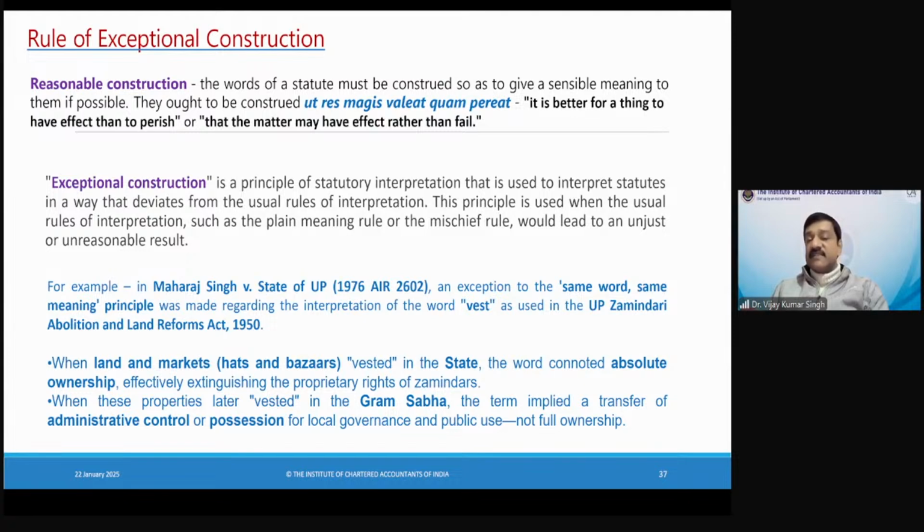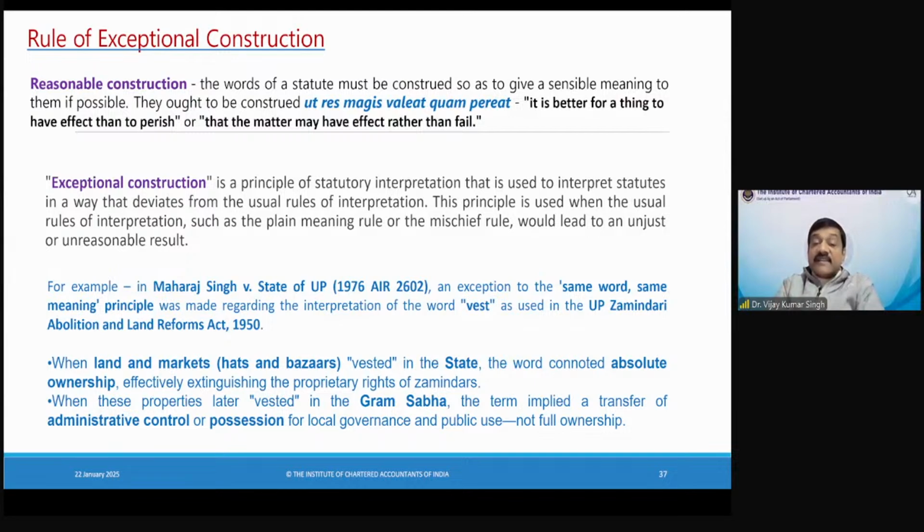In Maharaj Singh versus State of UP, an exception to the same word, same meaning principle was made. There is a principle of interpretation which says a word will mean a similar meaning throughout the statute. You cannot differentiate unless it is specifically said that this word has this meaning.